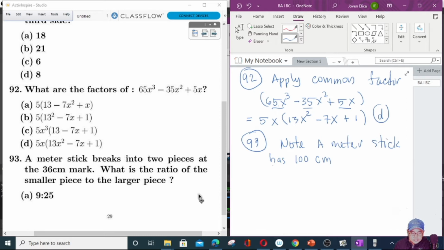So the question is the ratio. What is the ratio of the smaller to the longer or larger piece?